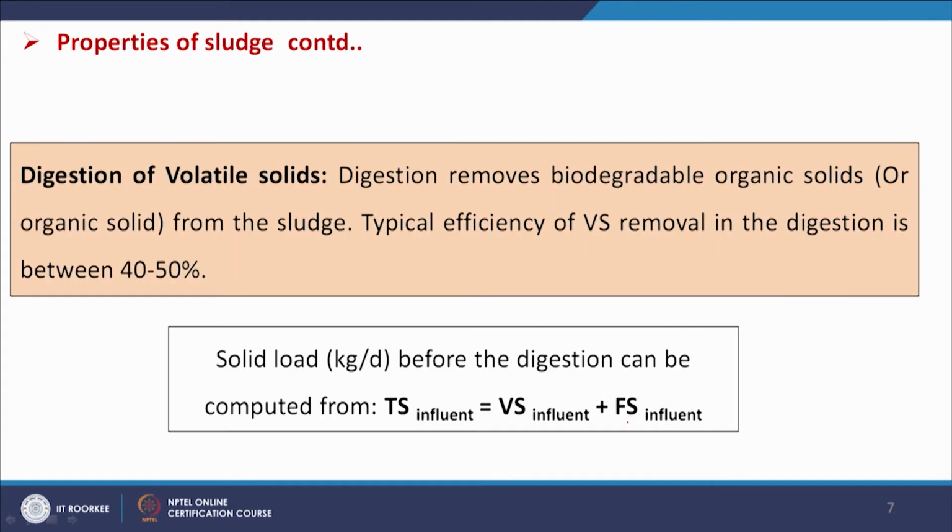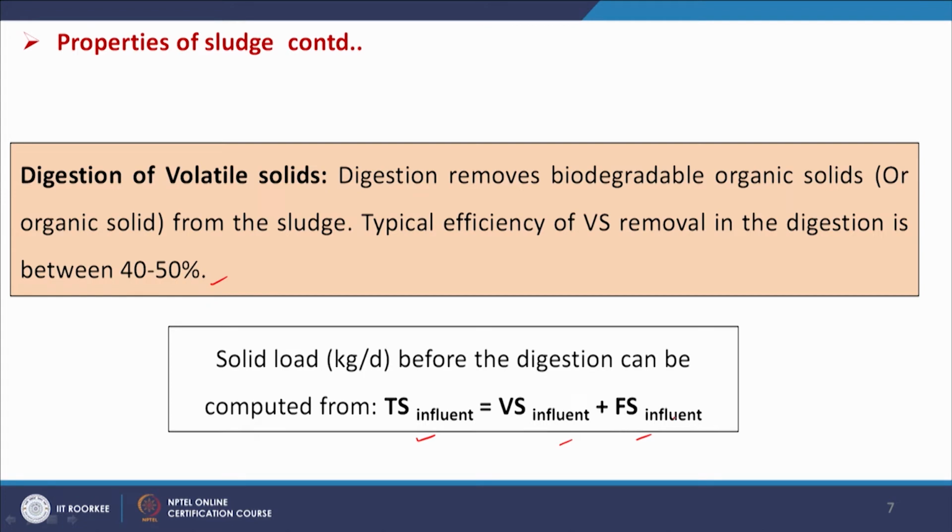Now, digestion of volatile solids. The volatile solids will be digested by the microorganisms, and that digestion removes biodegradable organic solids from the sludge. Typical efficiency of VS removal in digestion is between 40 to 50%. The solid load before the digestion can be computed from Ts influent, which is equal to Vs influent plus Fs influent.